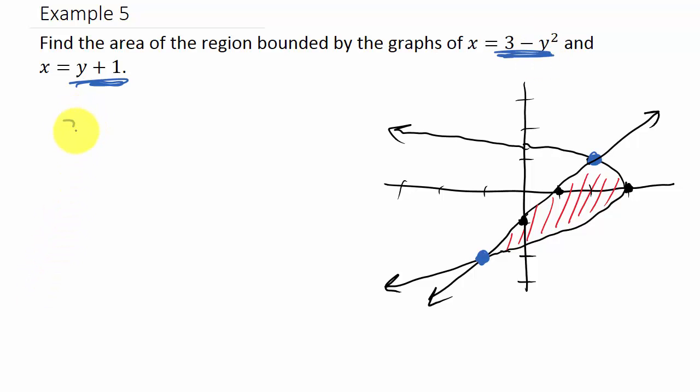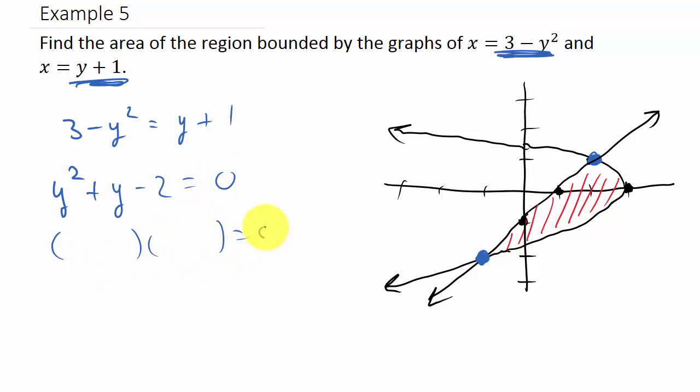Alright, so I have 3 minus y squared equals y plus 1. And so get everything to one side. If I move this over, that'll make my y squared positive. So I get y squared plus y minus 2 equals 0. And that's nice that this factors.